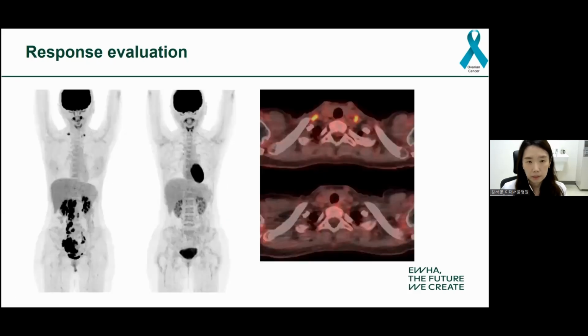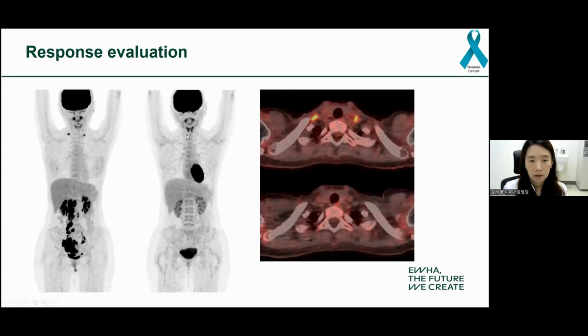And next is a case of response evaluation, the role of response evaluation in FDG PET/CT. Actually, it's the case shown in the previous slide. A stage 4 ovarian cancer patient had surgery and chemotherapy, and a follow-up PET-CT after 4 months.